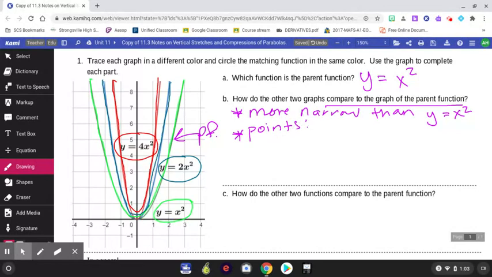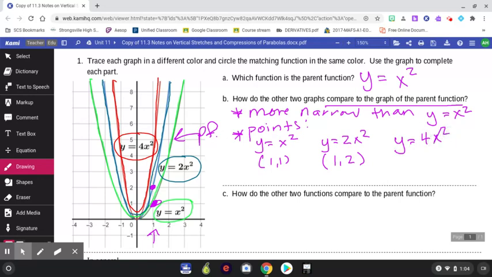On my parent function, I have the point (1, 1), and that's this point right here. But when I look at my other two functions, y equals 2x squared, instead of (1, 1), when x is 1, I have an output of 2, so (1, 2). And for y equals 4x squared, again, when x is 1, it looks like I have a point at (1, 4).